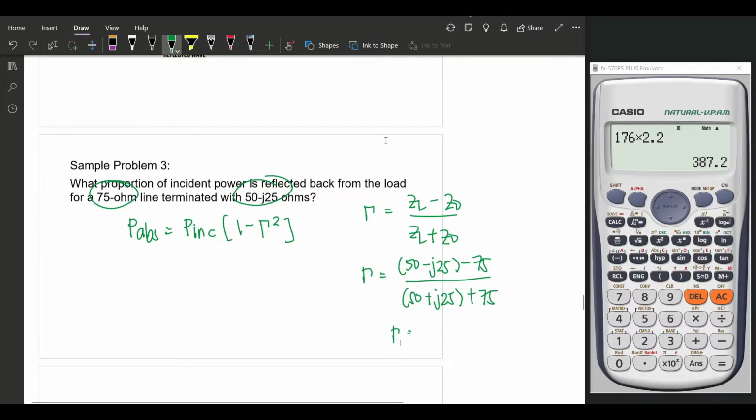So, kagaya na nabanggit ko kanina, vector quantity ang reflection coefficient, so may phase angle yan. So, we need to use the complex mode para makapag-compute tayo ng complex numbers. Oh wait, so minus pala ito dapat. It should be minus 25 minus J25.